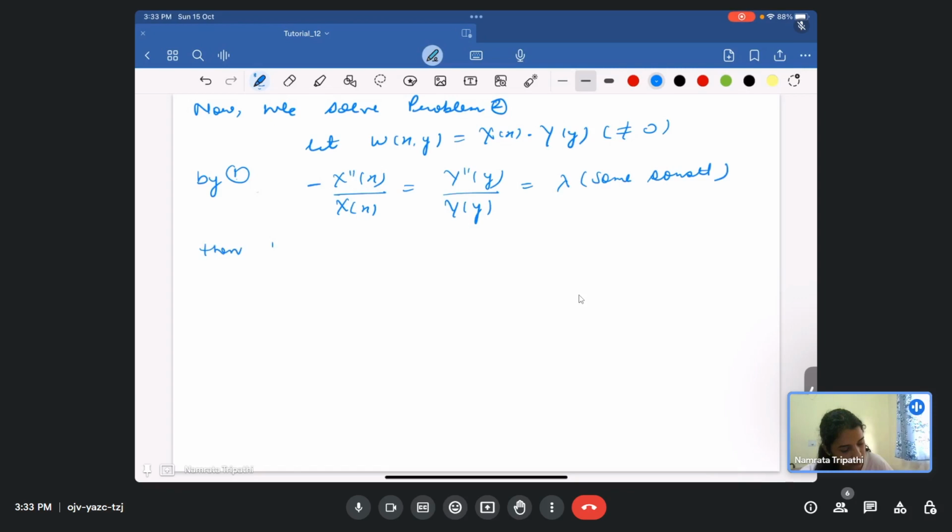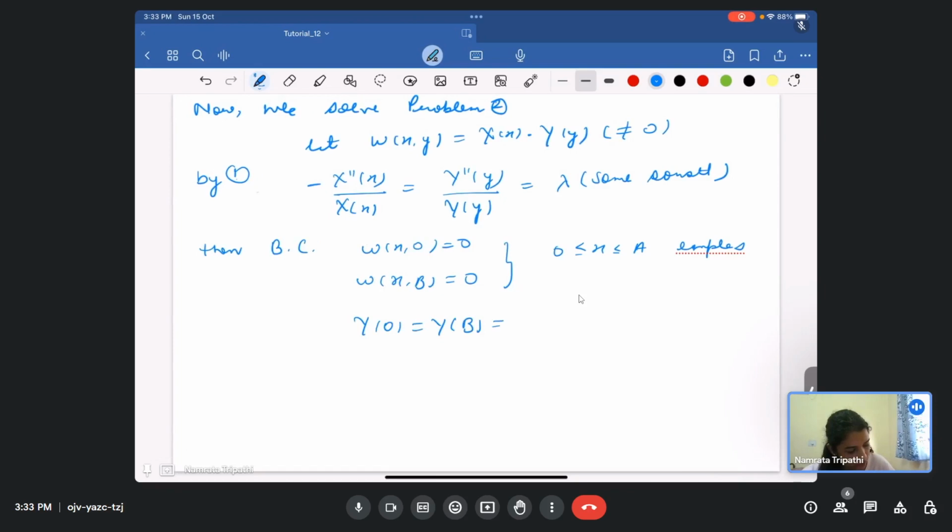The boundary condition we have constructed, so this boundary condition implies if you use this boundary condition, then you will get y0 from 1 and from 2 yb0.